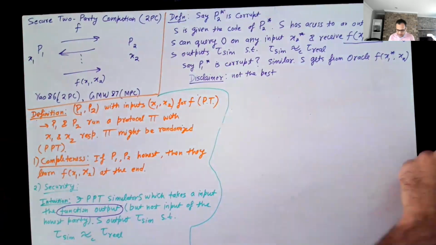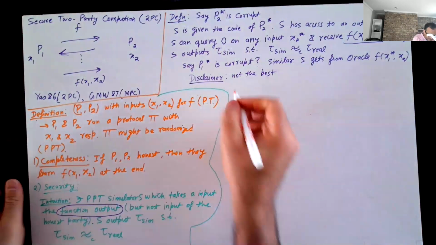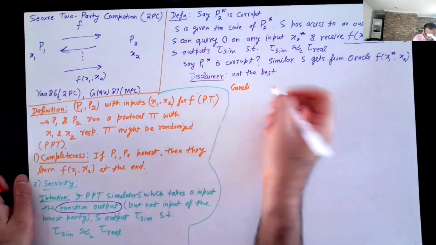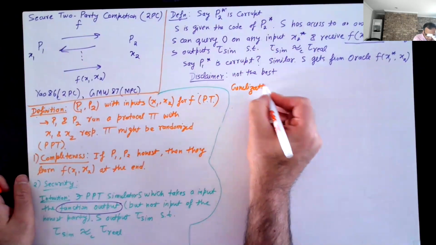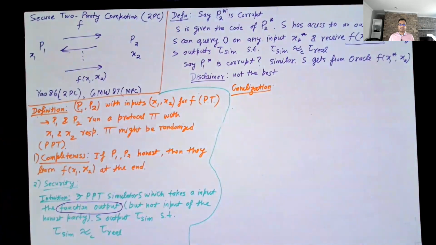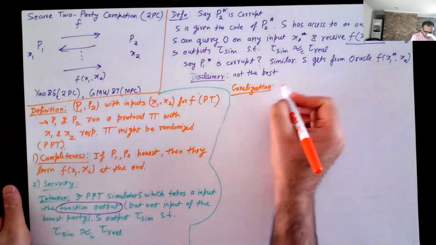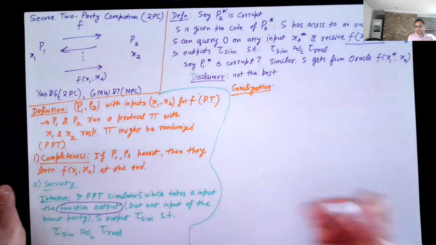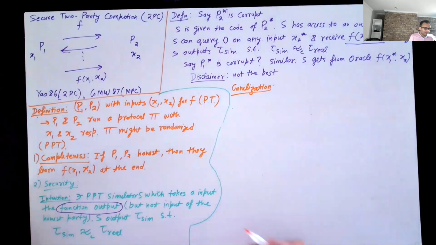Now let's look at a generalization. So far, we only looked at the case where all the parties get the same output. Now, what about the case when different parties are supposed to learn different things from the protocol? So that's also possible.